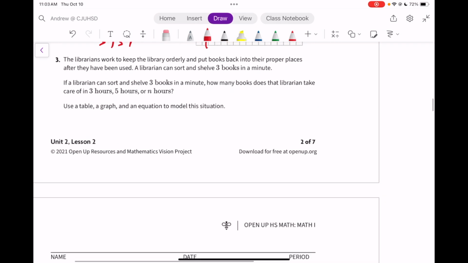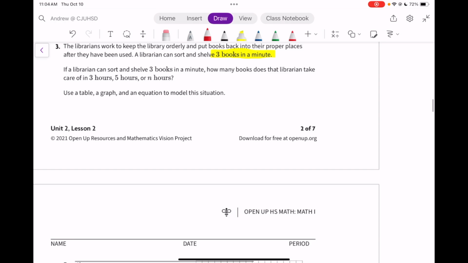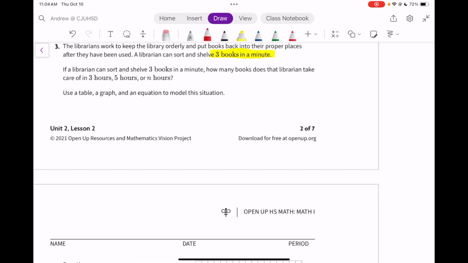Okay, librarians are working to put the books on the shelf. A librarian can sort and shelve about 3 books a minute. Well, what would that look like? Would it make sense to go 1/2 a minute or 45 seconds?